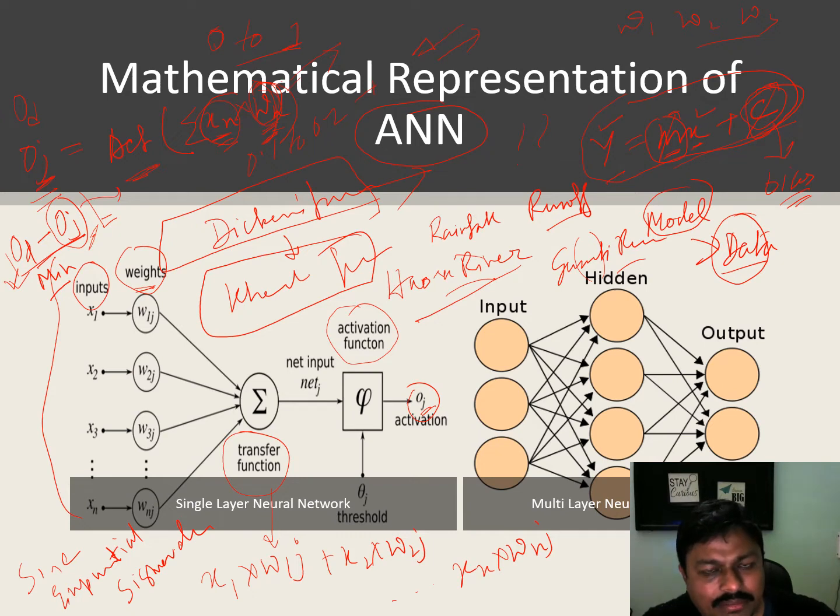The point that you must remember here is that the weight is changing, but the input is not changing. But in the case of y equals mx plus c, we are trying to find the value of m with the help of y and x only.